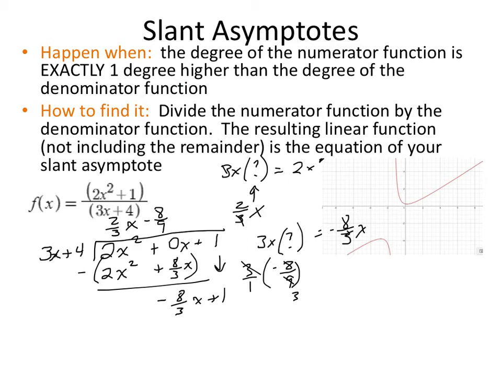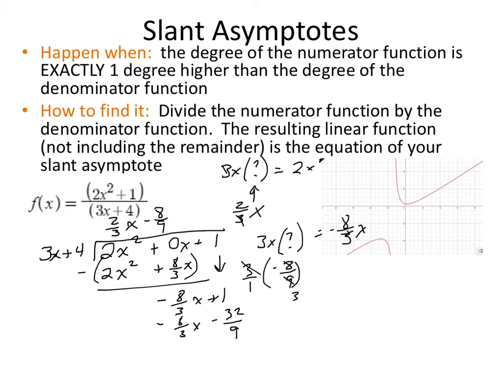The fractions are getting kind of complicated here, okay? So negative 8/9 times 3 is going to be negative 8/3 x. Negative 8/9 times 4 is going to be negative 32/9.